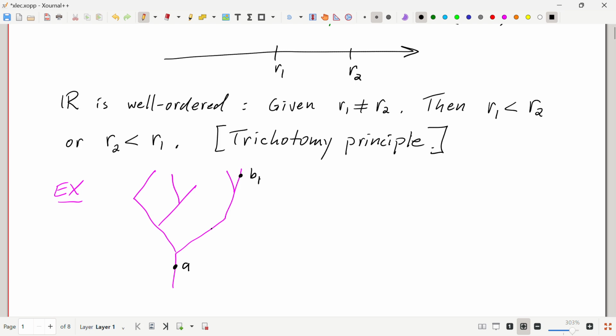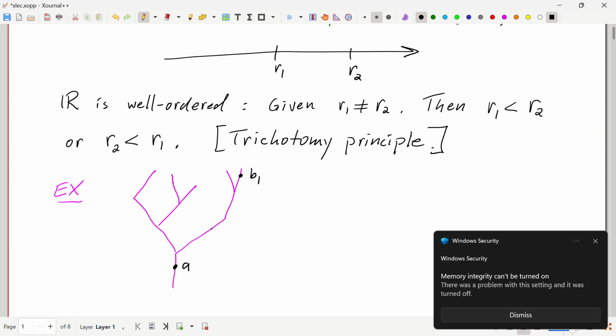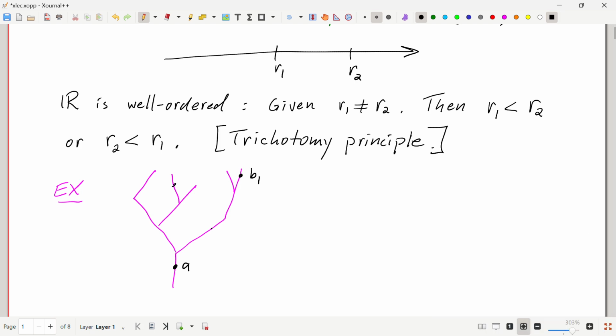Let's call this B1 now. If I climb up the tree to get to this B, this A is less than that B2. But there's no relationship between B1 and B2. So the transitive properties of order break down. That's certainly not well ordered. It's called partially ordered. So A is less than B1, A is less than B2, but B1 and B2 are not related.